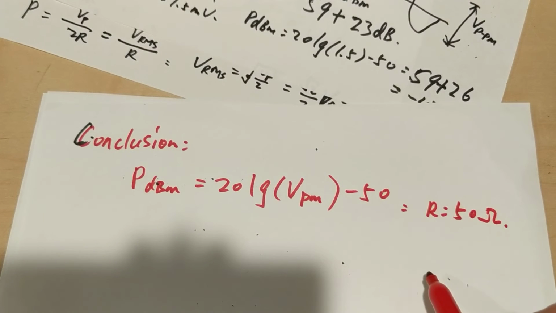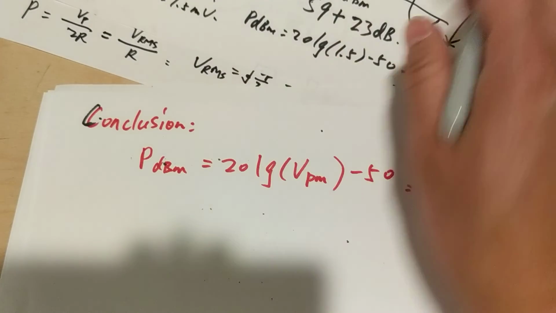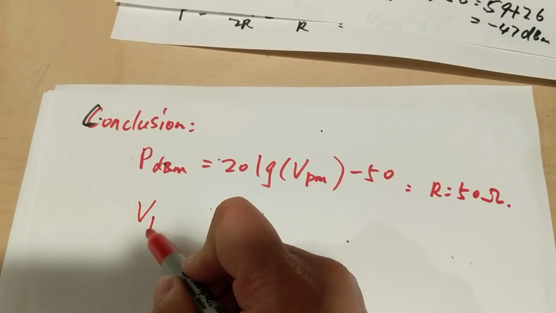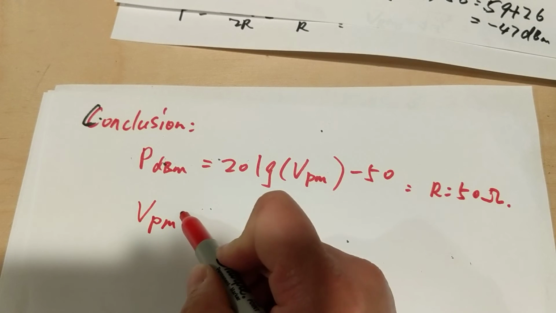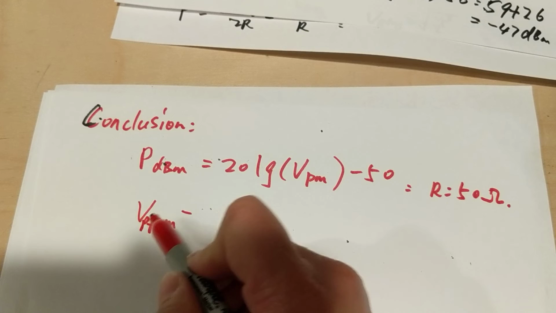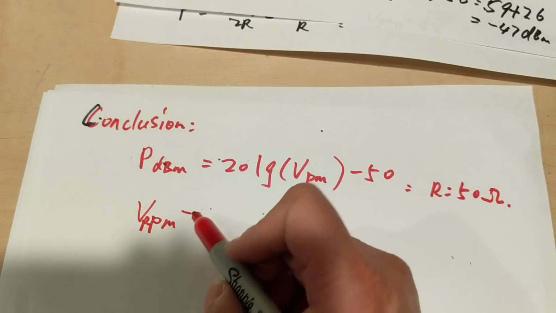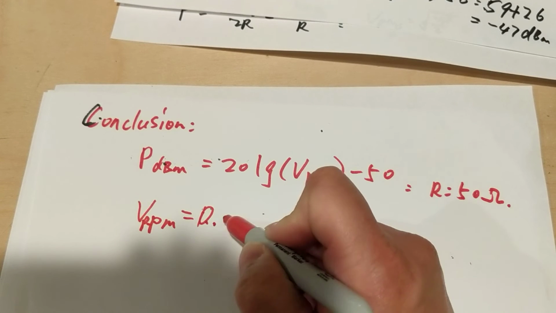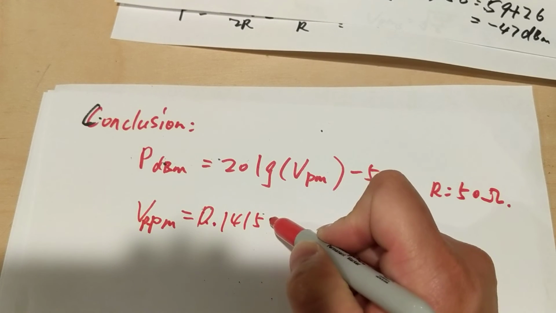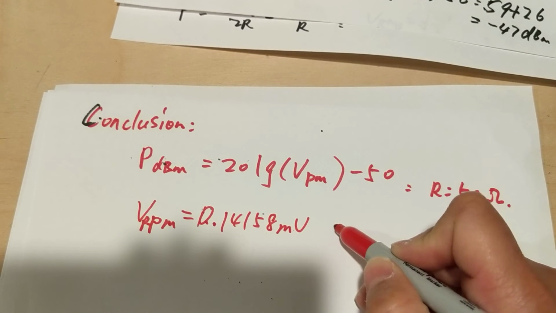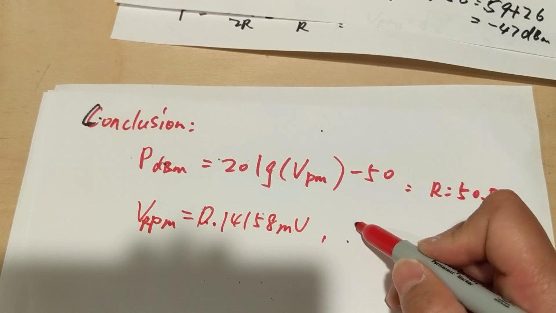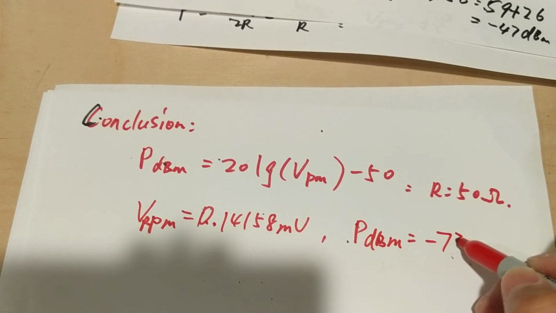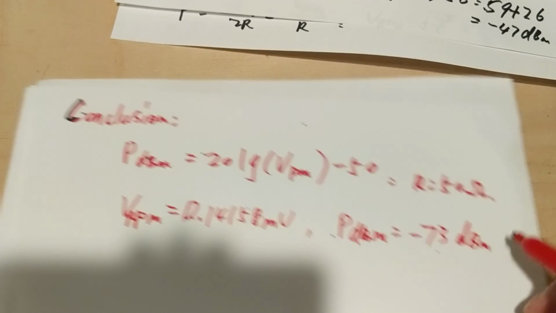We always use R equals 50 ohm. And the example here is if V_p-p equals 0.14158 millivolts, I get P in dBm equals minus 73 dBm.